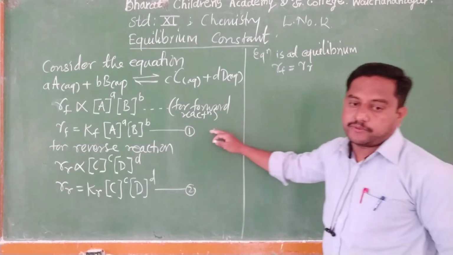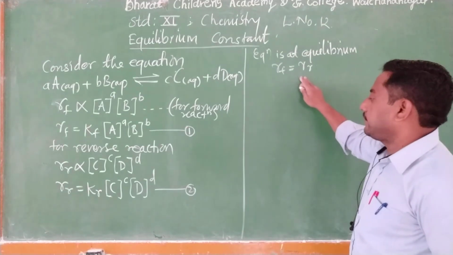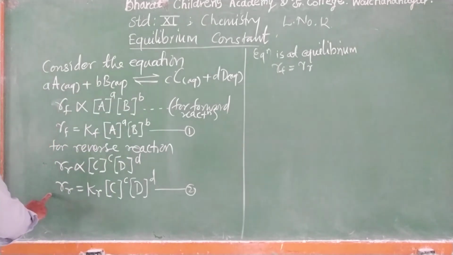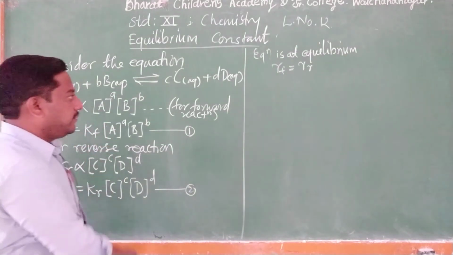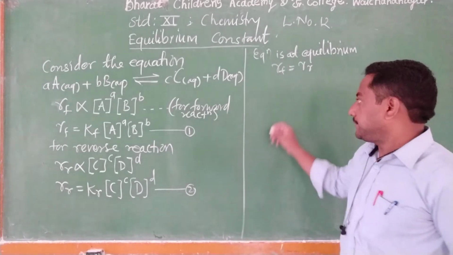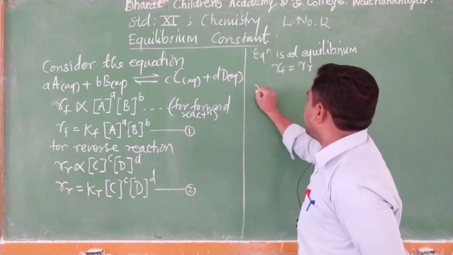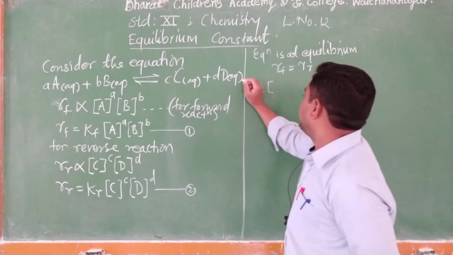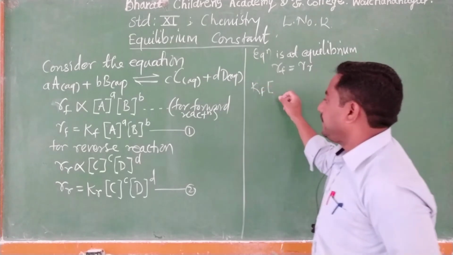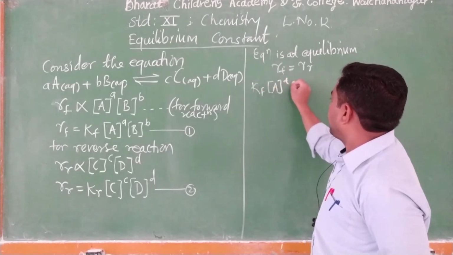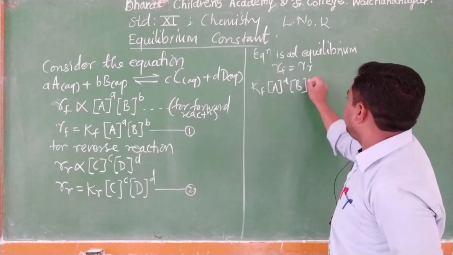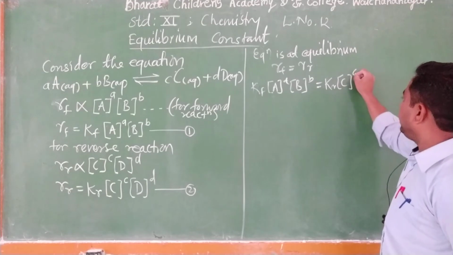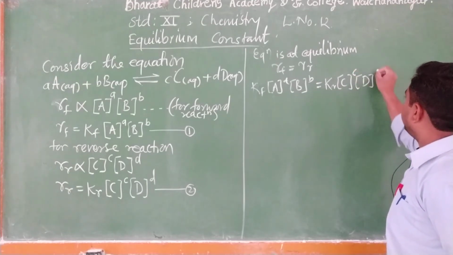Now if you consider equations 1 and 2, the LHS of both the equations is equal, therefore the RHS of these two equations will be equal, and hence you will get Kf into [A] raised to a into [B] raised to b equals Kr into [C] raised to c into [D] raised to d.